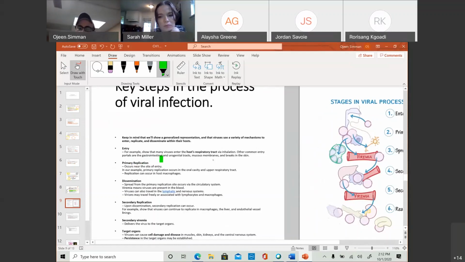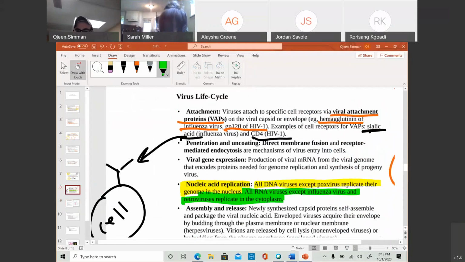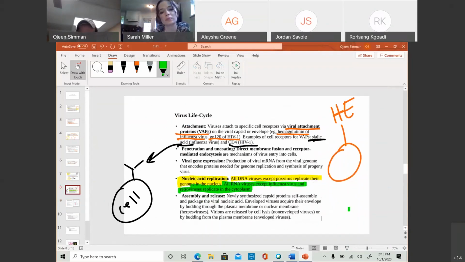So, Dr. Simmons, you said that RNA viruses, except influenza virus and retrovirus, replicate in the cytoplasm. But then you said again that influenza virus and retrovirus replicate in the cytoplasm. Whoa. Say that again. You basically repeated it, but you said that the influenza and retrovirus do replicate in the cytoplasm.